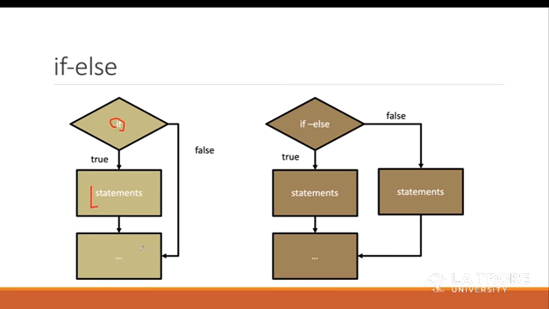If it was false, it would skip them. But now with if-else, if the condition is true, then the statements that get executed are this one. If it's false, it will skip this part and execute this one. And then, depending on whether it was true or false, the rest of the statements will get executed.